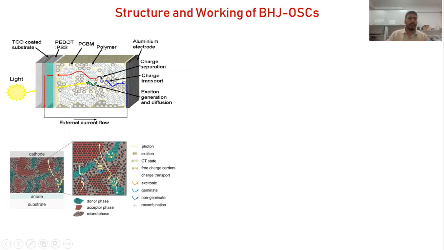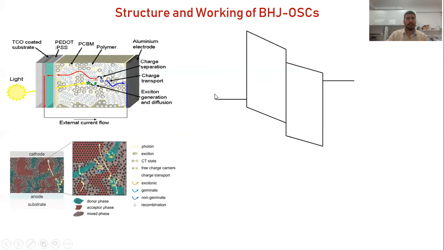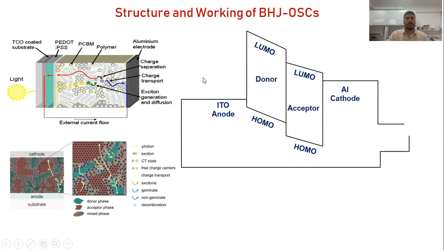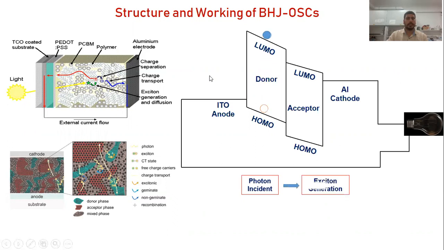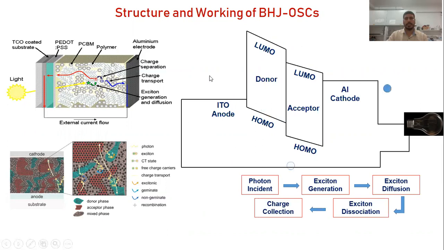When we zoom into this active layer, we see the donor and the acceptor phase, and when light is incident, an exciton is generated. The exciton diffuses towards the interface where it dissociates, and the charges are collected at the respective electrodes.